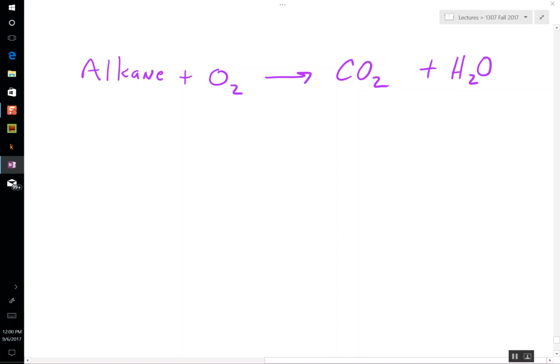Any alkane. And this is combustion. I'm going to add this adjective to it, complete combustion. Complete combustion breaks it down into carbon dioxide and water.